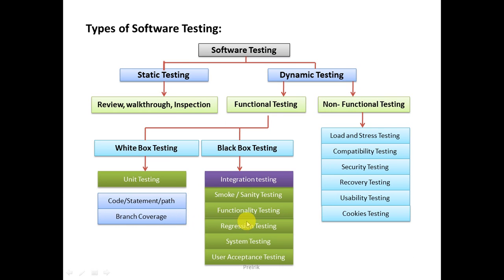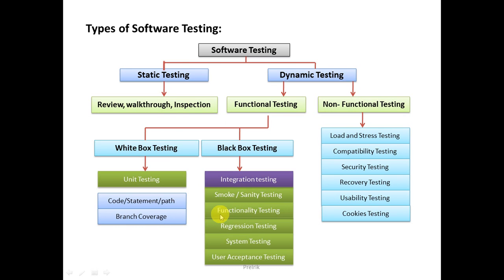Next is functionality testing. Functionality testing is nothing but testing the newly implemented features. Say there was an existing product, and two requirements have been added to it. Suppose requirements 1 to 10 were already there on that product, and feature A and feature B have been newly implemented.